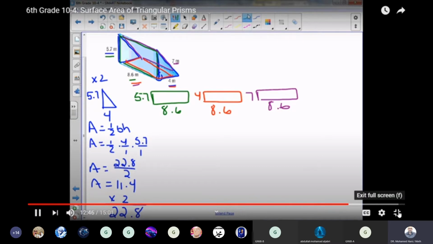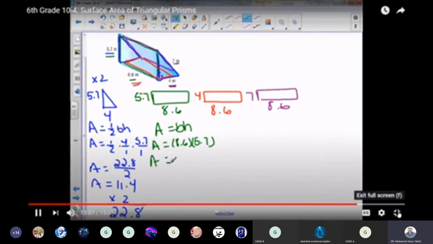Our first rectangle, area equals base times height. Area equals 8.6 times 5.7. Area equals 49.02.